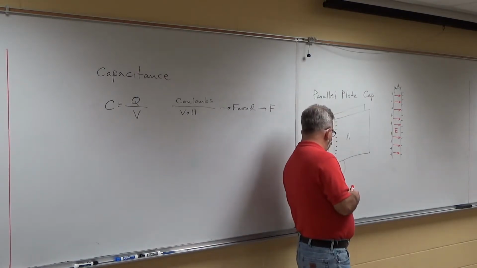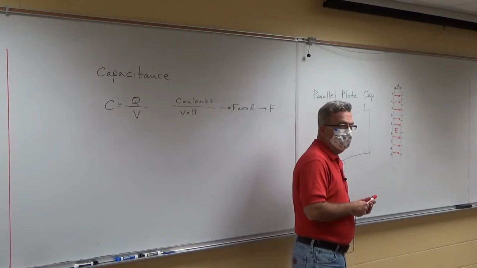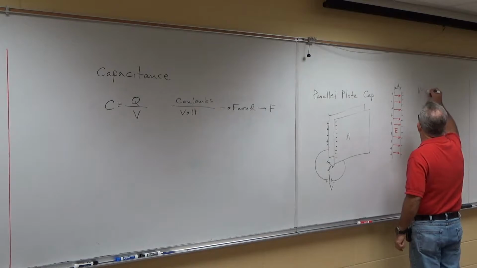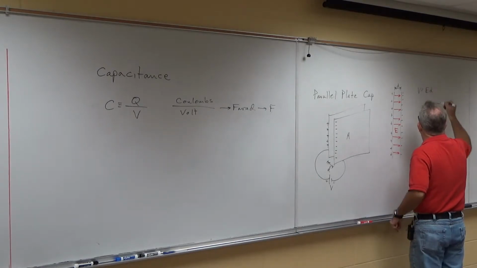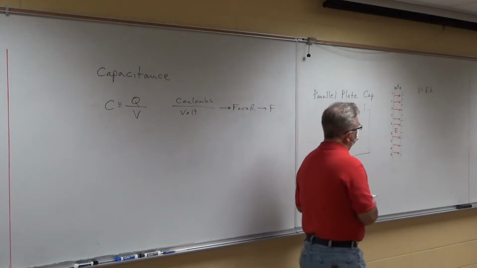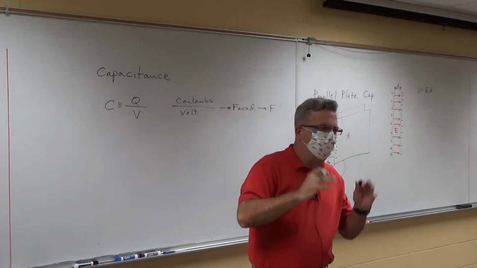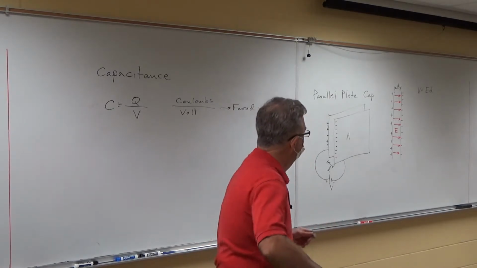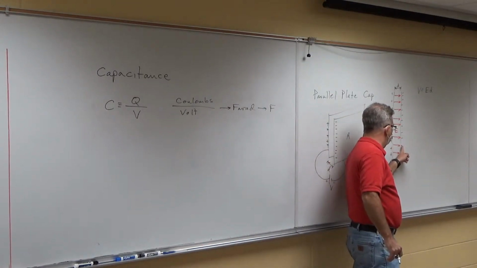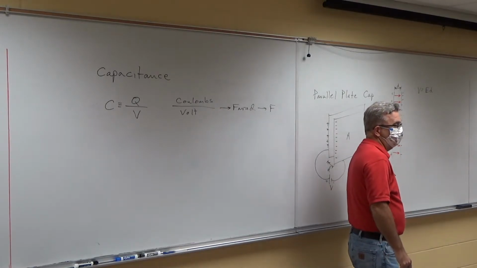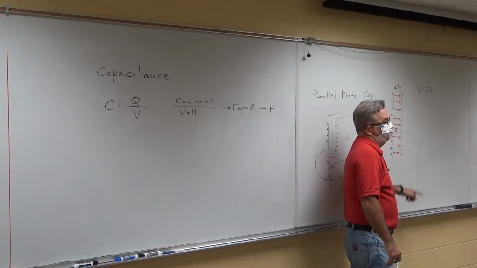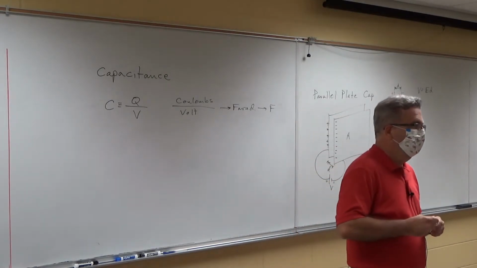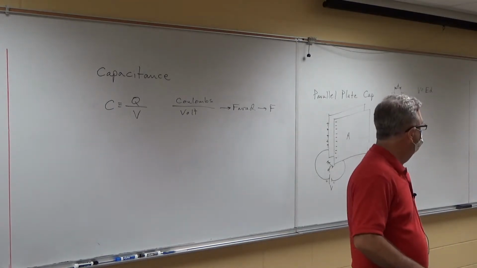So since I charged it up with this battery of voltage V, V is equal to Ed. Not worried about the negative. You're going down in potential this way, and up in potential this way. So this is the high side, this is the low side. That's sort of engineering parlance, but that's high and low.